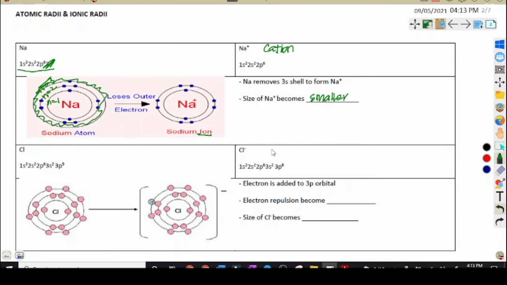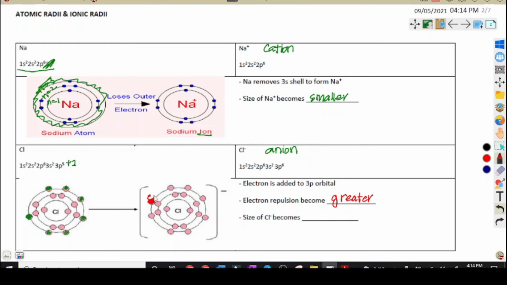But for the anion, for example, we have chlorine with the valence shell of 3s2, 3p5. So we've got 1, 2, 3, 4, 5, 6, 7 electrons in the valence shell. What's going to happen is we're going to add 1 electron, which is the red one here. So when an electron is added to the 3p orbital, the electron repulsion will become greater.